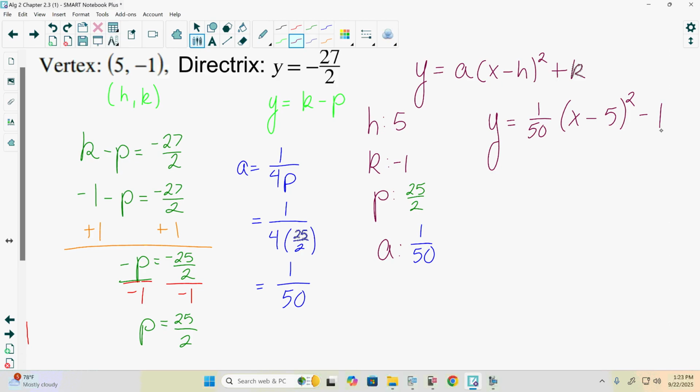We could say plus -1. I think it's easier just to write -1. And we have our equation. Questions on this here? Question on anything we've done so far?